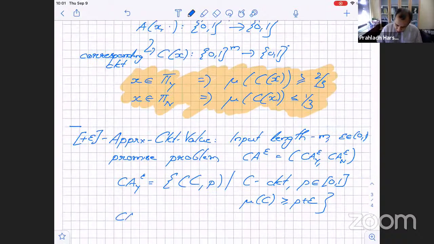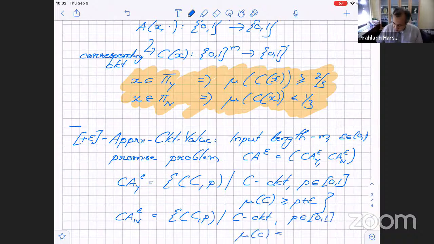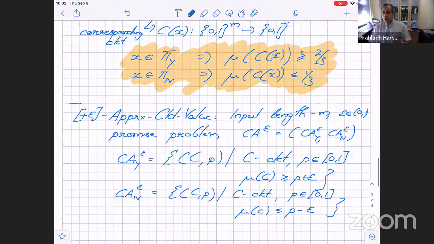And symmetrically, the no instances are the same object with mu of C less than or equal to P minus epsilon. Notice this is a promise problem, because there are some C's and P's for which the value will be between P minus epsilon and P plus epsilon. I don't care what happens to those instances. Clearly, these are disjoint sets, and this is my problem.